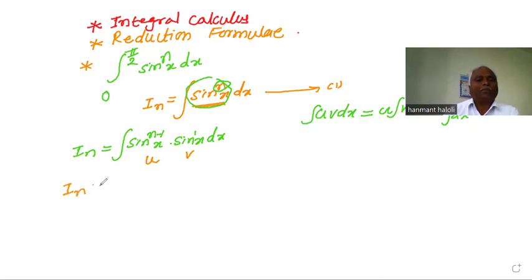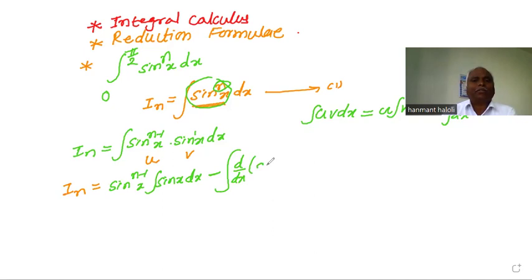Now I n equals, first term as it is: sine raised to n minus 1 x as it is, times integration of second, sine x dx, minus the big integral of the derivative of the first term, sine raised to n minus 1 x, and again the integration of second term.